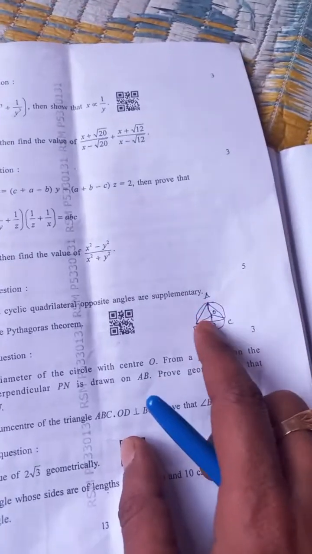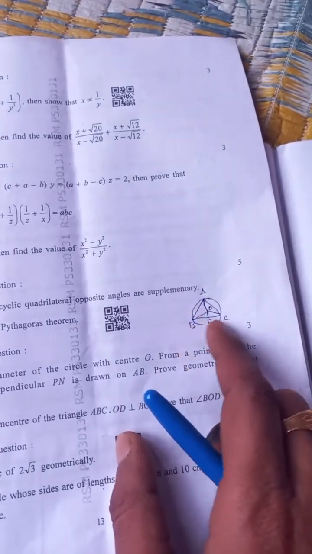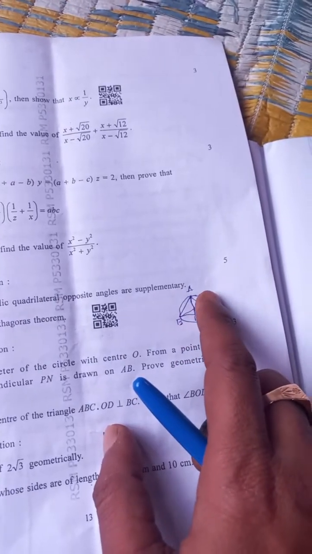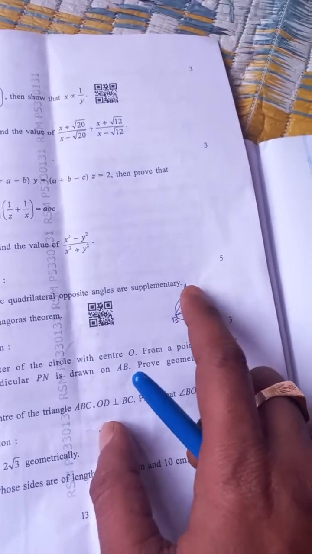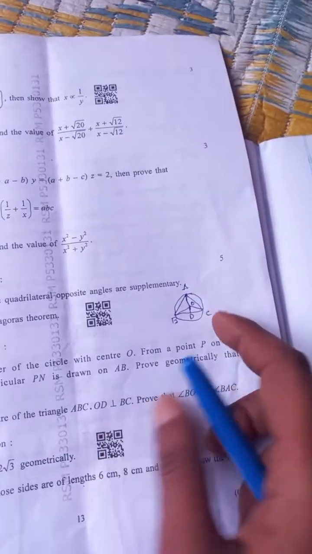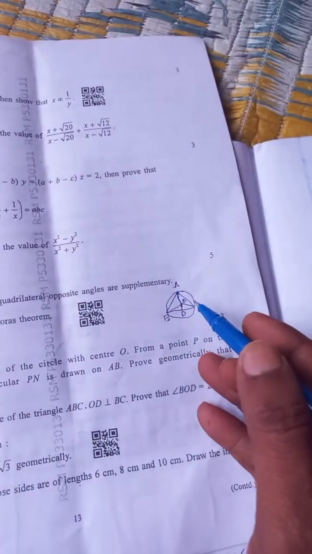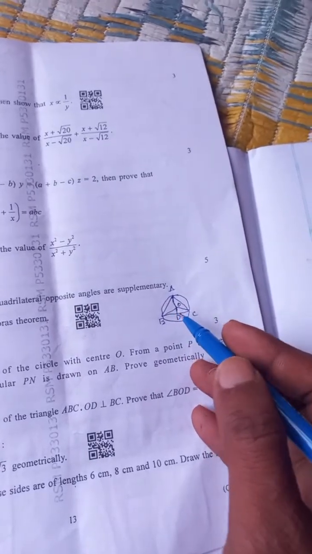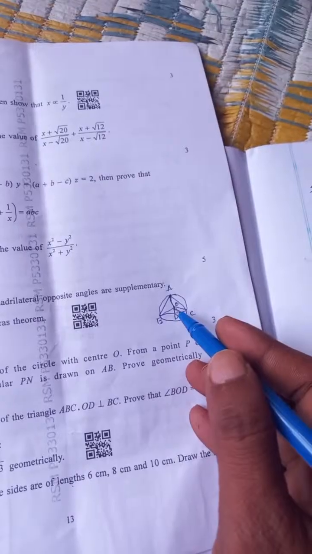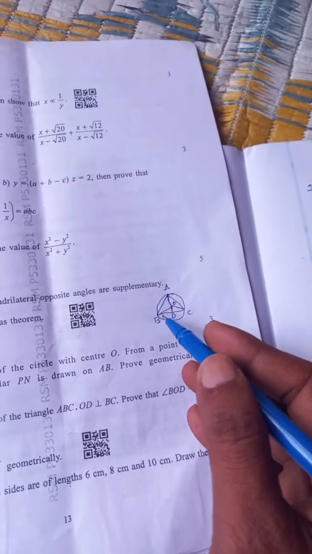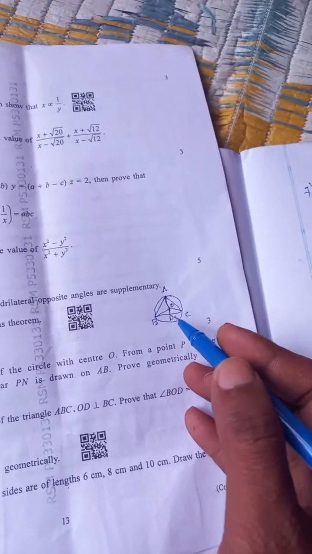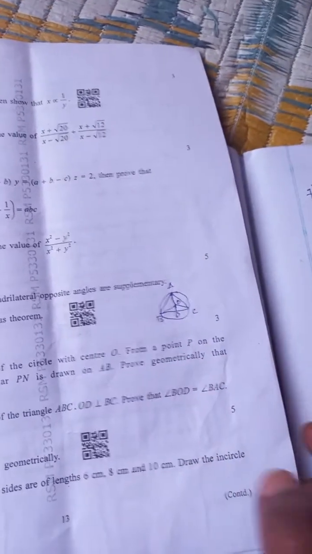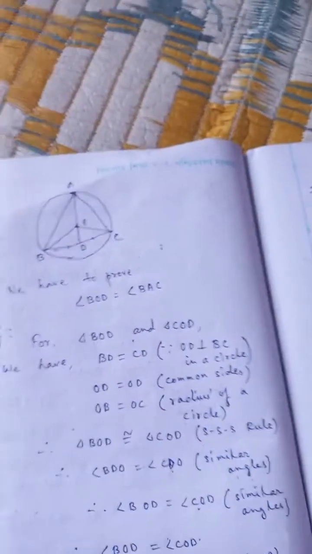So if O is the circumcenter of the triangle ABC, then we can draw a circle through the points A, B, C, and if we further draw OD perpendicular to BC, then we will get triangle OBD and triangle ODC.